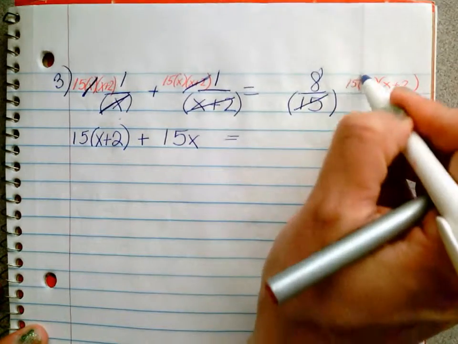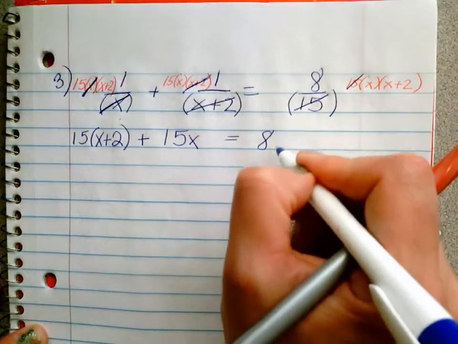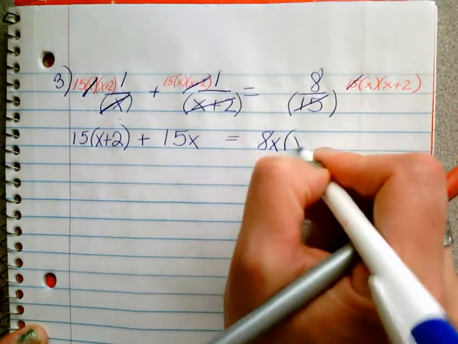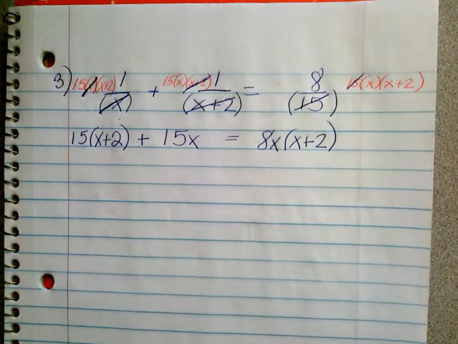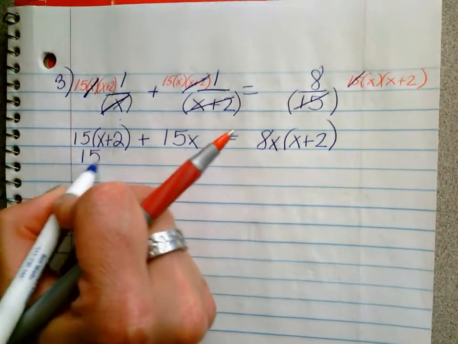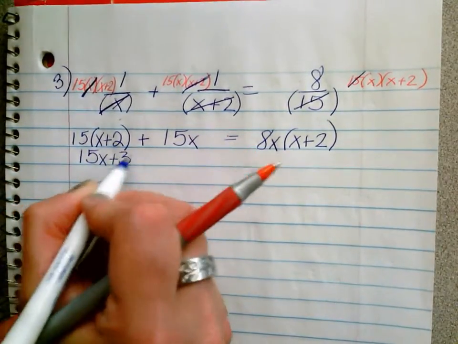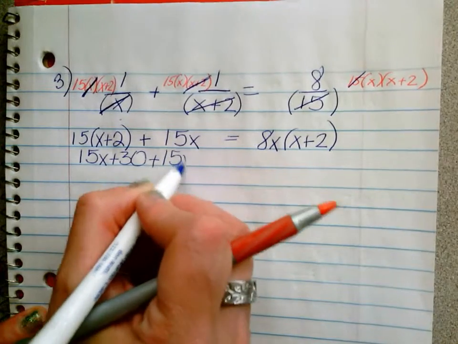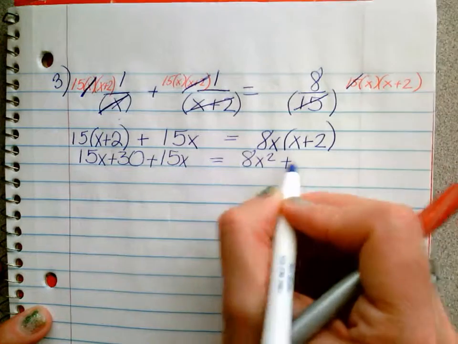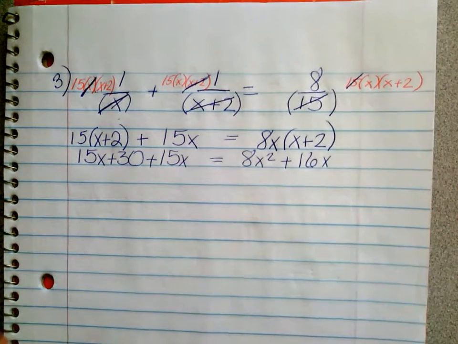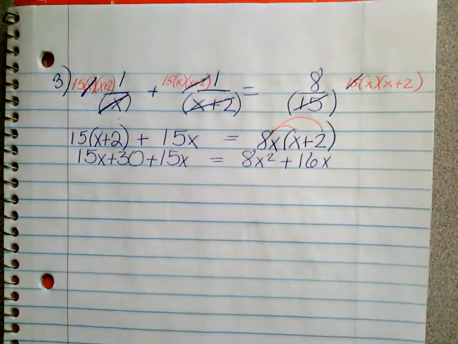The 15's cancel, leaving me with 8 times x plus 2. Okay? Just to make sure I didn't make any screw-ups, I didn't do it all in my head. 15x plus 30. Okay, don't forget you got to distribute that over both.